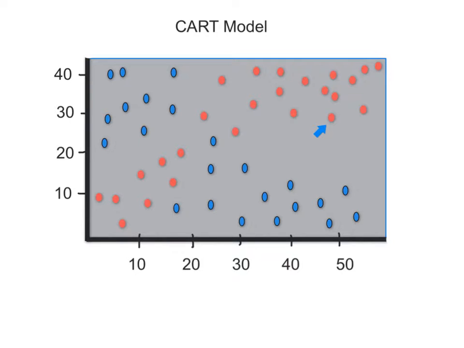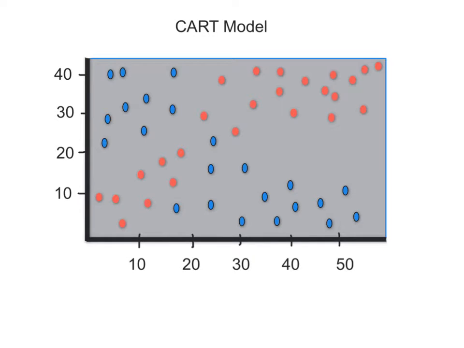So this is a binary dependent variable because the output can be either blue or red. And that can stand for blue meaning true or red meaning false, or any other kind of binary output in which it can have one of two values.